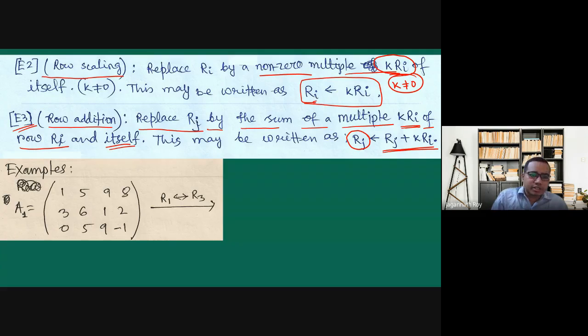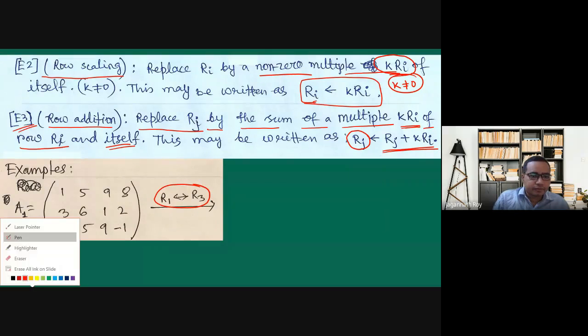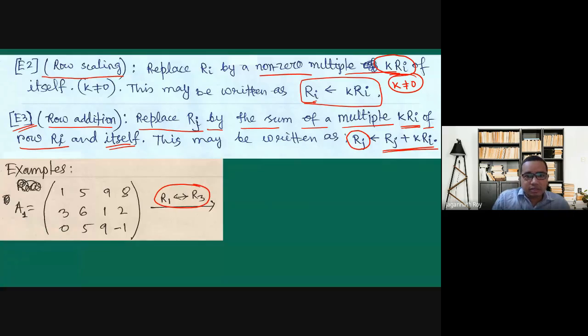So if we take one example, just here we are exchanging. We are interchanging these two rows. So R1 is replaced with R3, so it will be 0, 5, 9, minus 1.